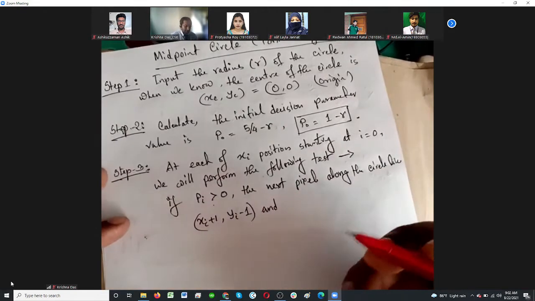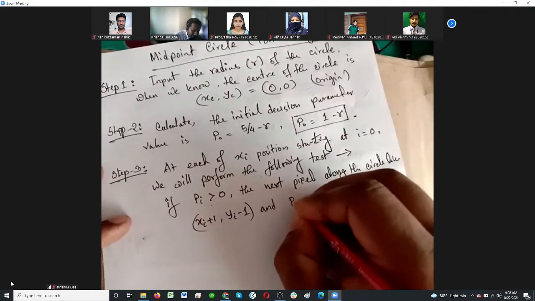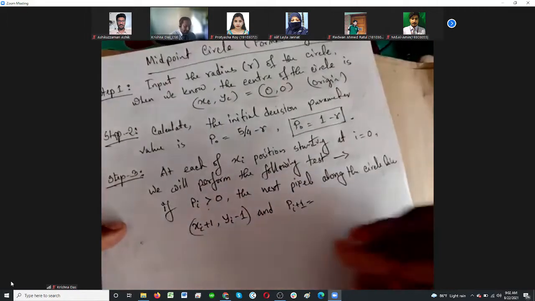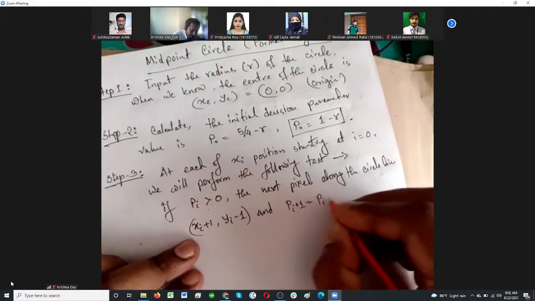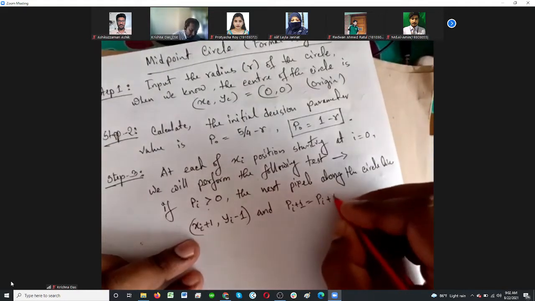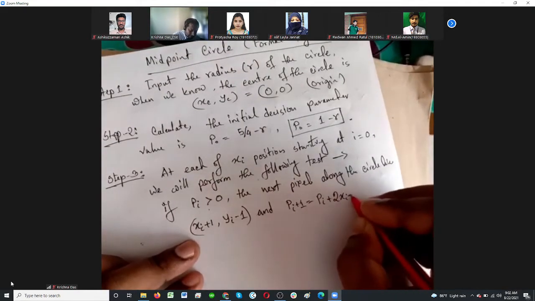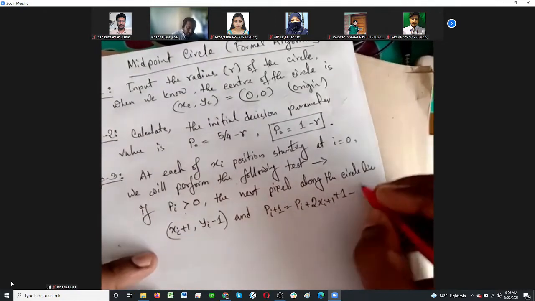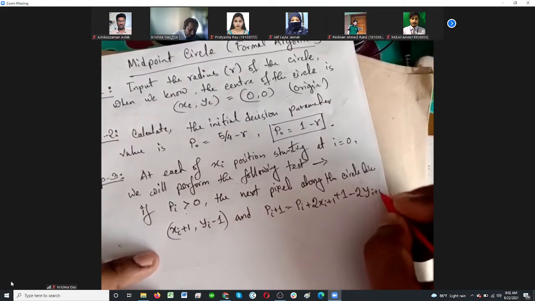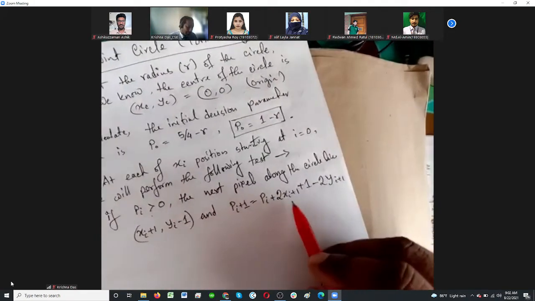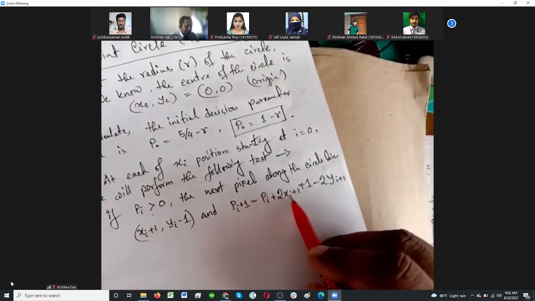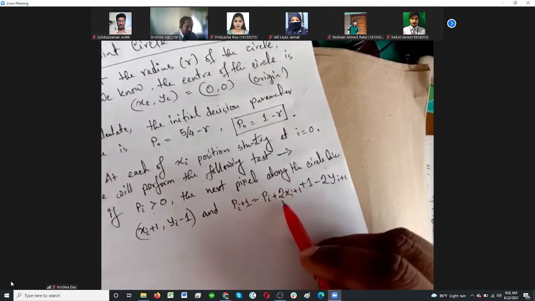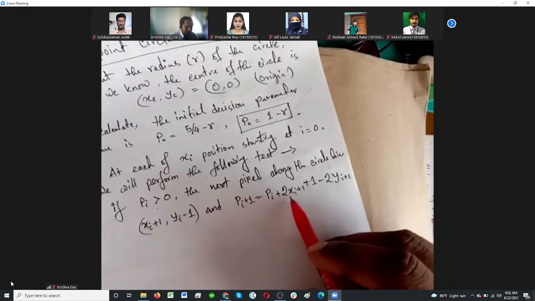And the successive decision parameter is p(i+1) equal to the previous decision parameter plus 2x(i+1) plus 1 minus 2y(i+1). You see that this value for x(i+1), that means whatever point you are getting, that point's twice value or double value you need.